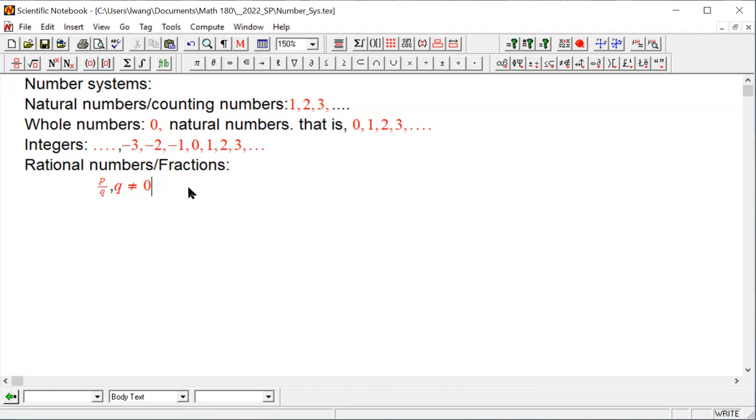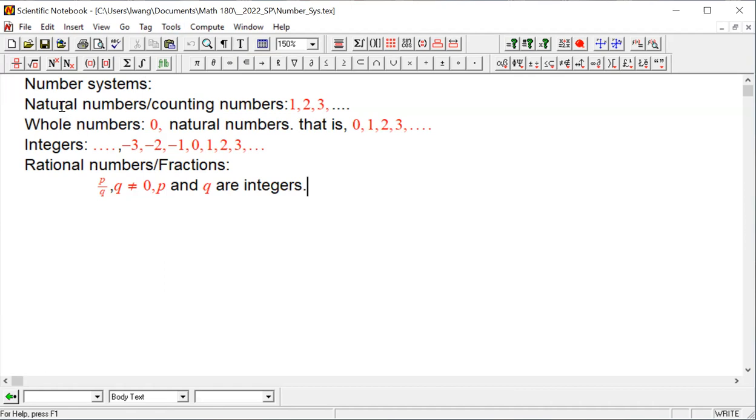As we all understand, sometimes we get a repeating decimal, sometimes we get a terminating decimal. So it doesn't matter. In any form of P over Q, where P and Q are integers.